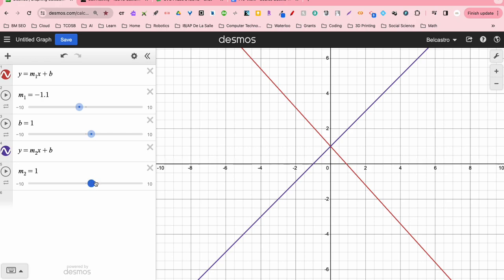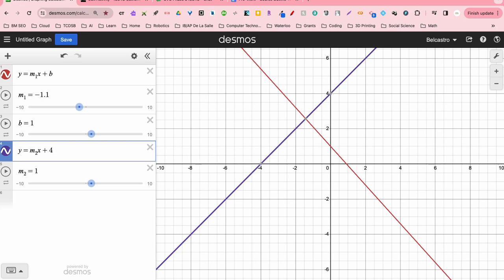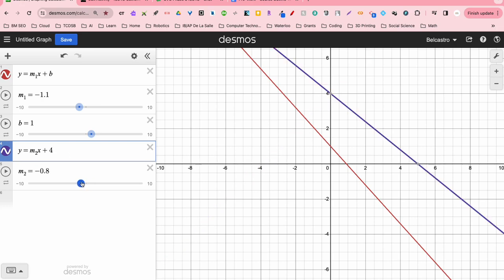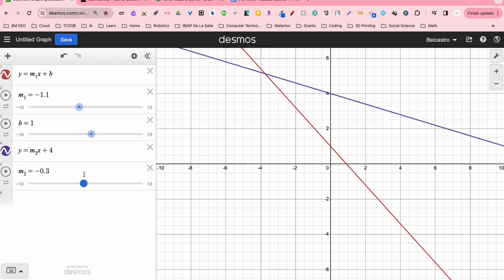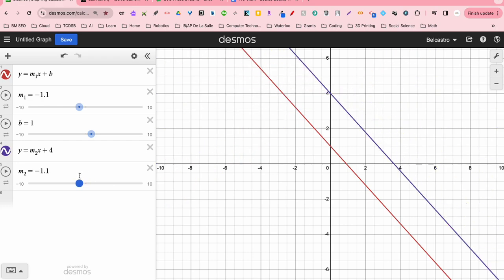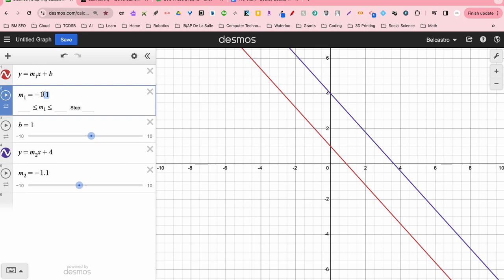I don't want to give it b, I'll give it a number 4. You'll notice that no matter what we do with our slopes here, they always intersect somewhere. It's moving around. It's when we get to this scenario here. What do you notice about the two slopes?